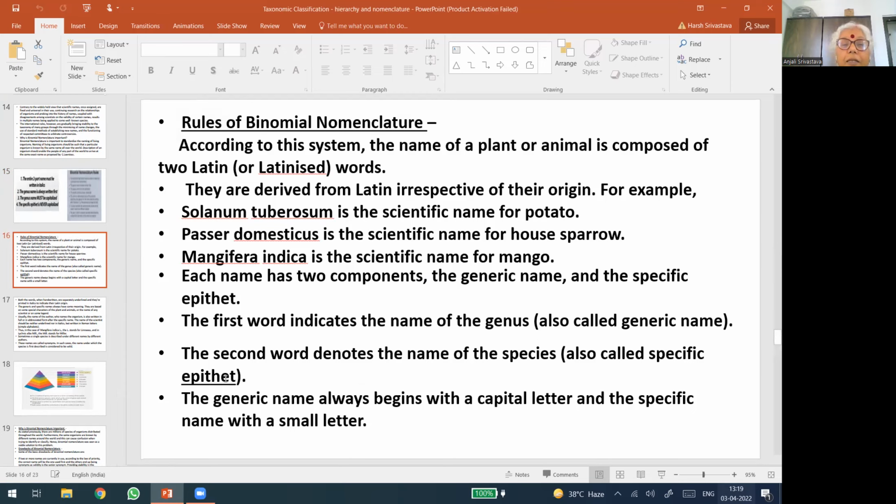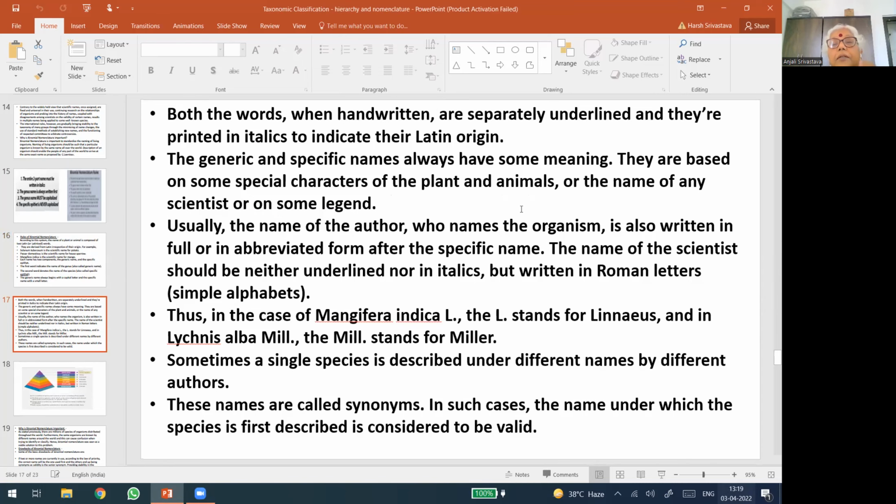Now here are certain examples showing the method of writing binomial nomenclature according to the international rules. The specific name is written as the specific epithet with a small letter, and the generic name starts with a capital letter. Now, a single species is sometimes described under different names by different authors, and these names are called synonyms.